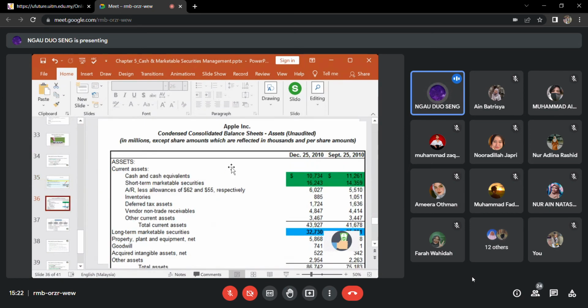And then you can see Apple also has short-term marketable security. They have holdings, so they will not hold cash if they have extra money. As I say, they use it for precaution. If they need money, they sell the short-term marketable security.